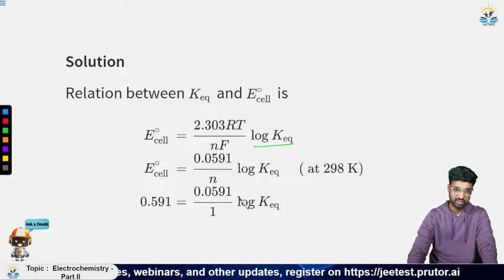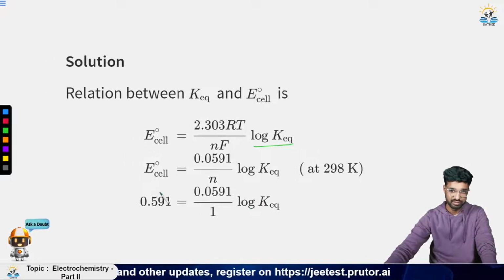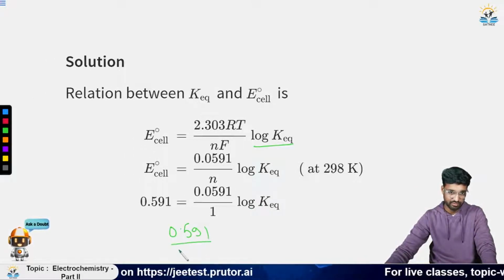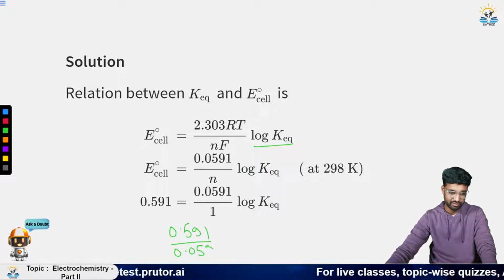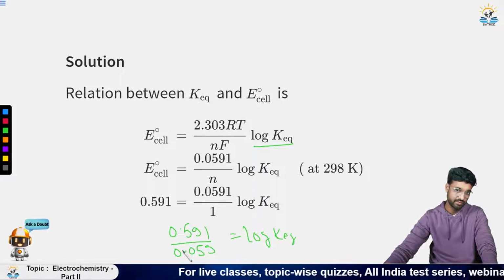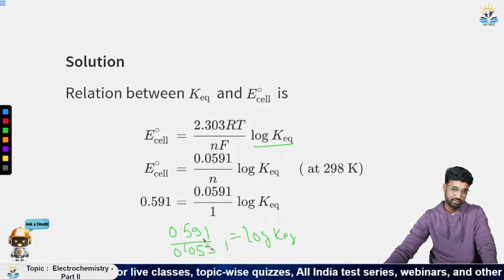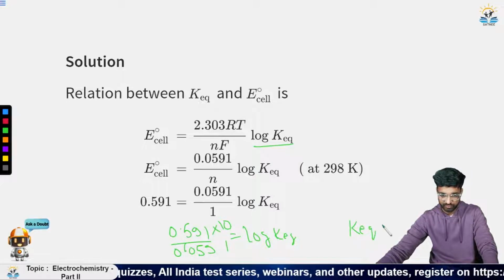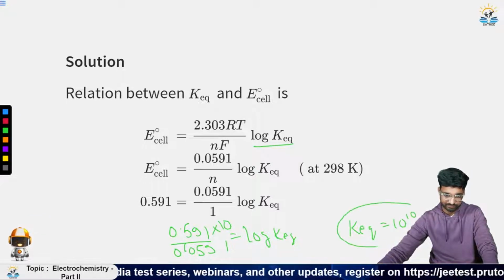Upon putting this value and solving further, 0.0591 divided by 0.0591 is equal to log K equilibrium, so this will be 10. So K equilibrium will be 10 to the power 10.